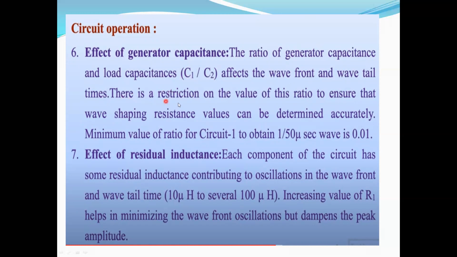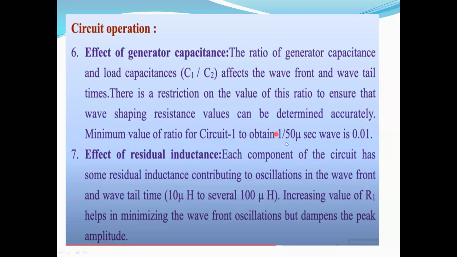There is a restriction on the values of this ratio to ensure that the wave shaping resistance values can be determined accurately. The minimum value of the ratio for circuit 1 to obtain a 1/50 microsecond wave is 0.01. Here 1 microsecond is called the wave front time and 50 microseconds is called the wave tail time.